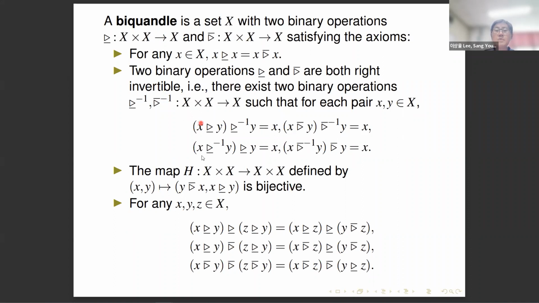Right invertible means the two operations satisfy these equations. And the map H defined by this is invertible, or equivalently bijective. And for any X, Y, Z, these three equations are satisfied.